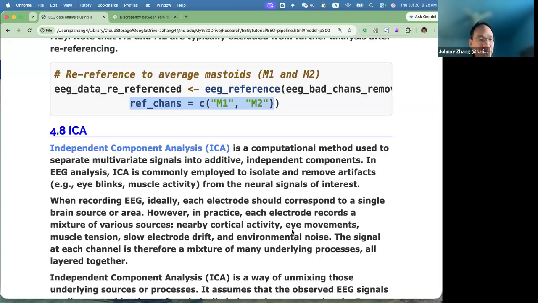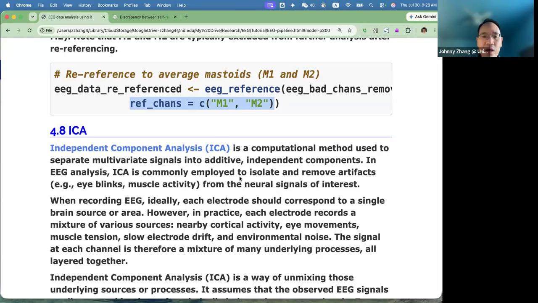So after filtering, downsampling, bad channel removal and re-referencing, we can conduct an independent components analysis. I will talk a little bit more about the ICA analysis, why we do it and how to do it.